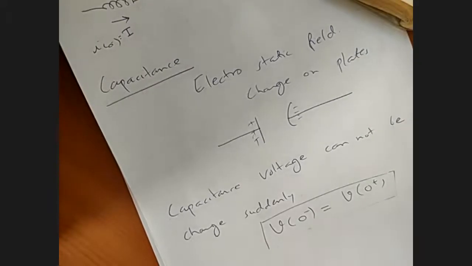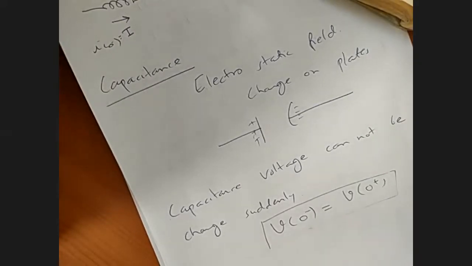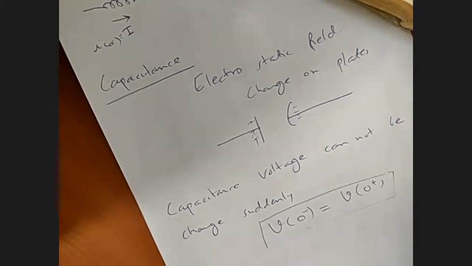The voltage just before closing of the switch will behave as just after closing the switch. So V0 minus will be equal to V0 plus.